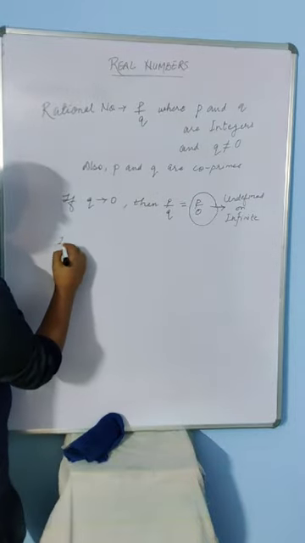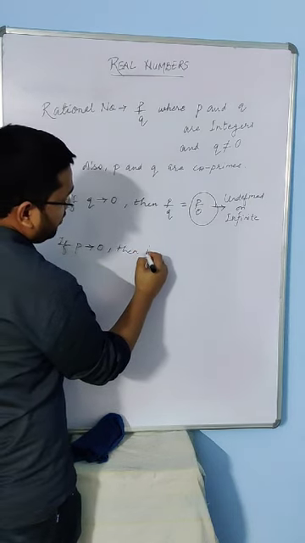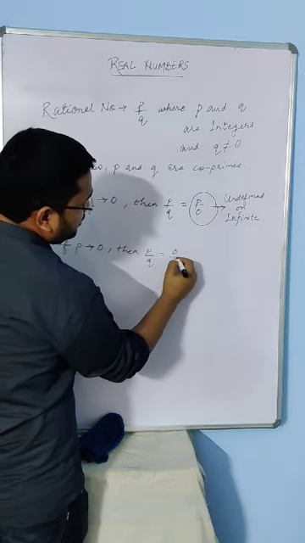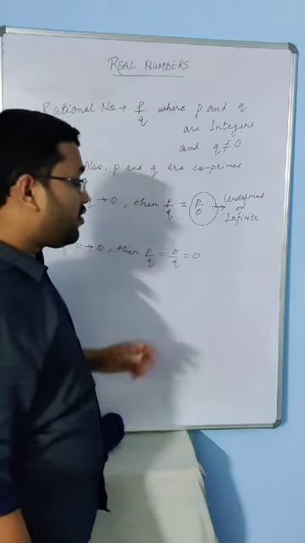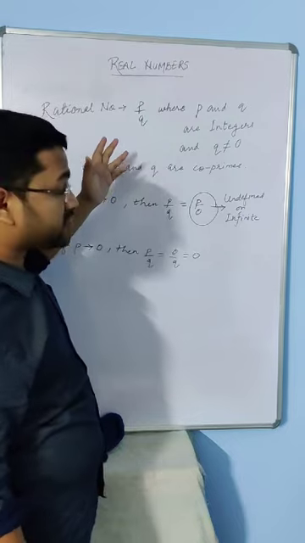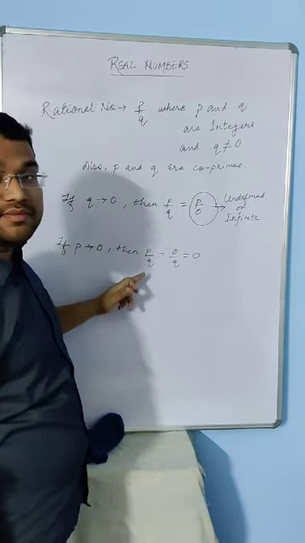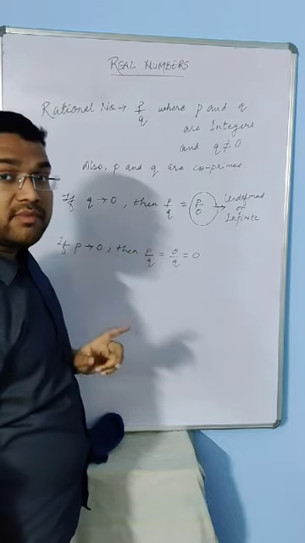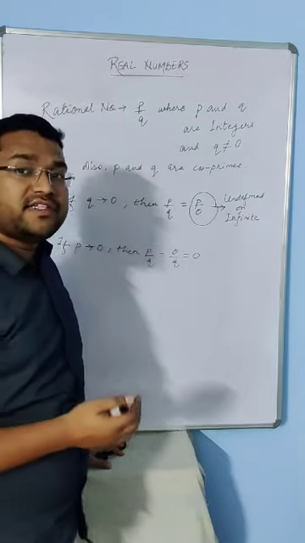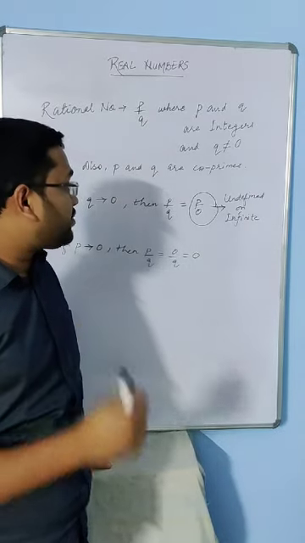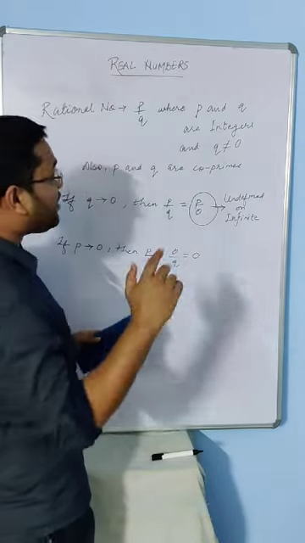If P becomes 0, then P by Q becomes 0 by Q, that is 0. So when the numerator becomes 0, the entire number becomes 0. Now we'll come to the application part that we have to study in this chapter. I hope this is clear to you all. Now, we'll move straight away to the application part.